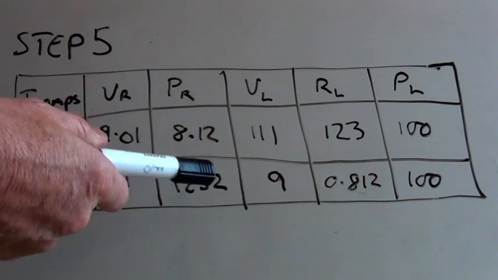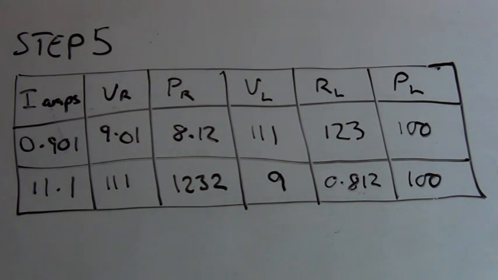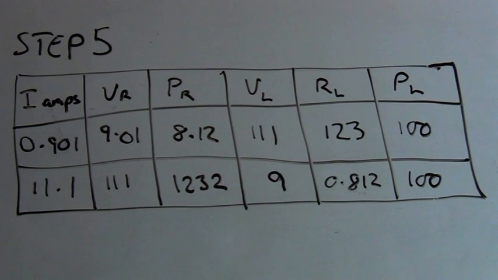Now I've calculated the power of the resistor as well. So the power for the current at 0.901 is 8.12 watts, and as you can see for this current it's quite a large value, which is 1.232 kilowatts.